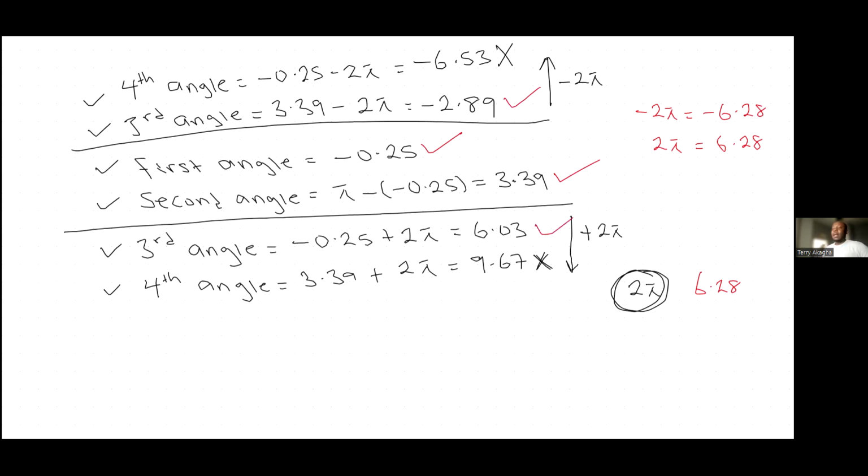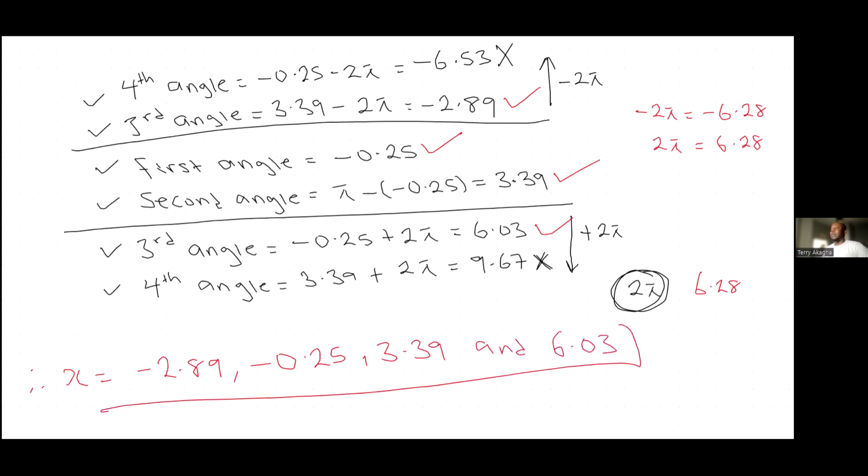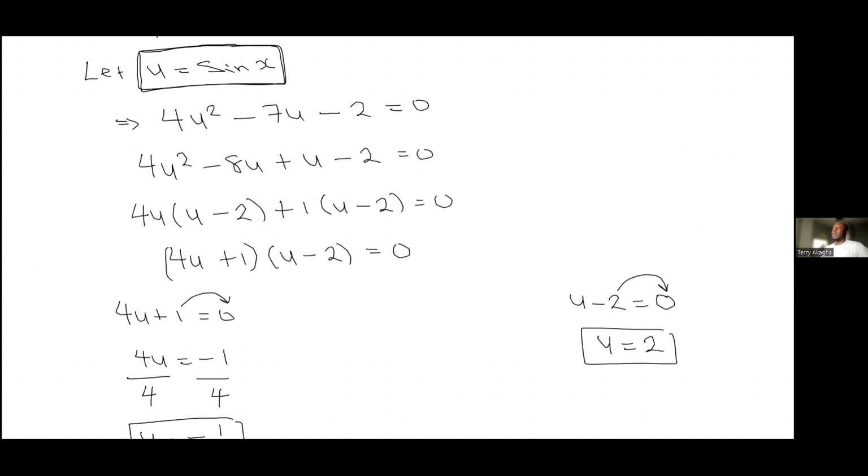So that means our solutions for x will be minus 2.89, minus 0.25, 3.39, and 6.03. And that's the answer for that. All right, so these are the values of x that will satisfy this equation here.